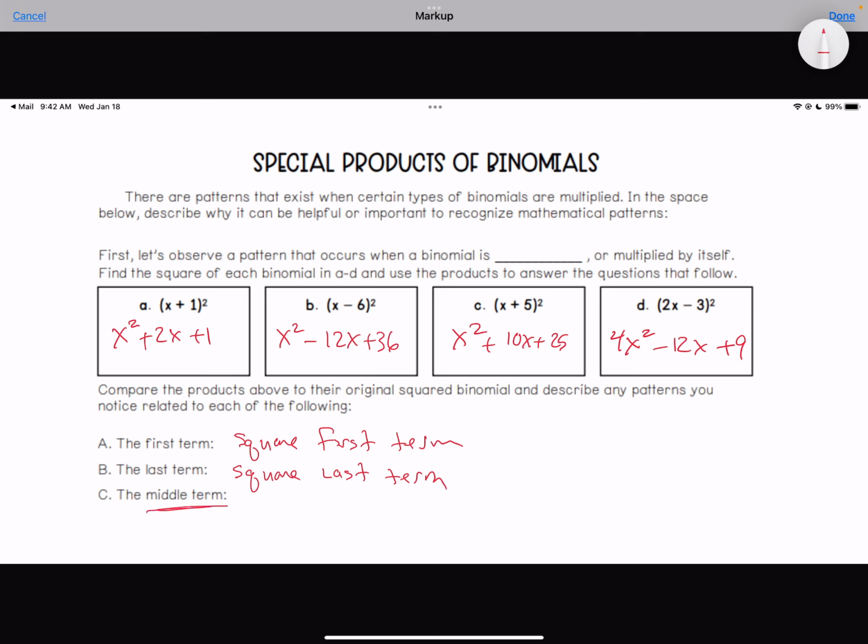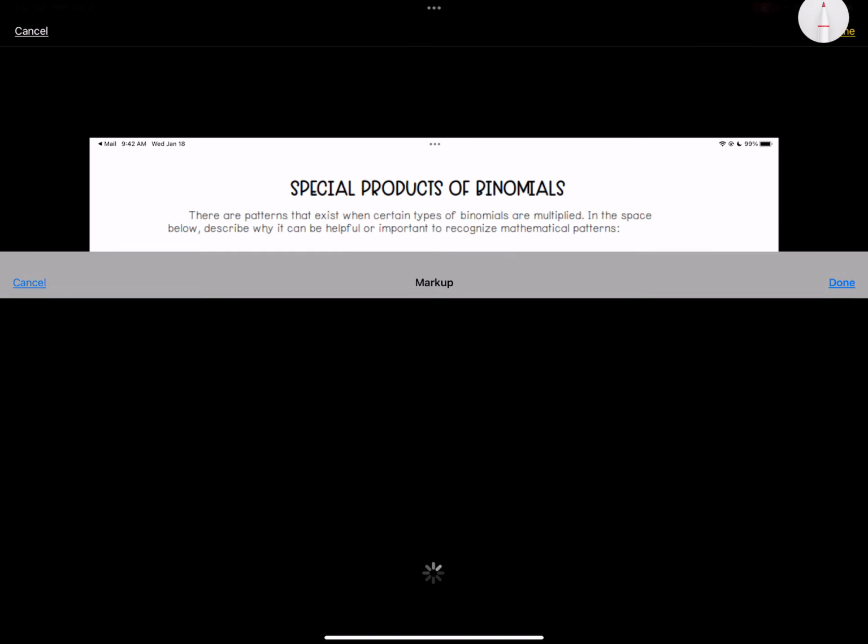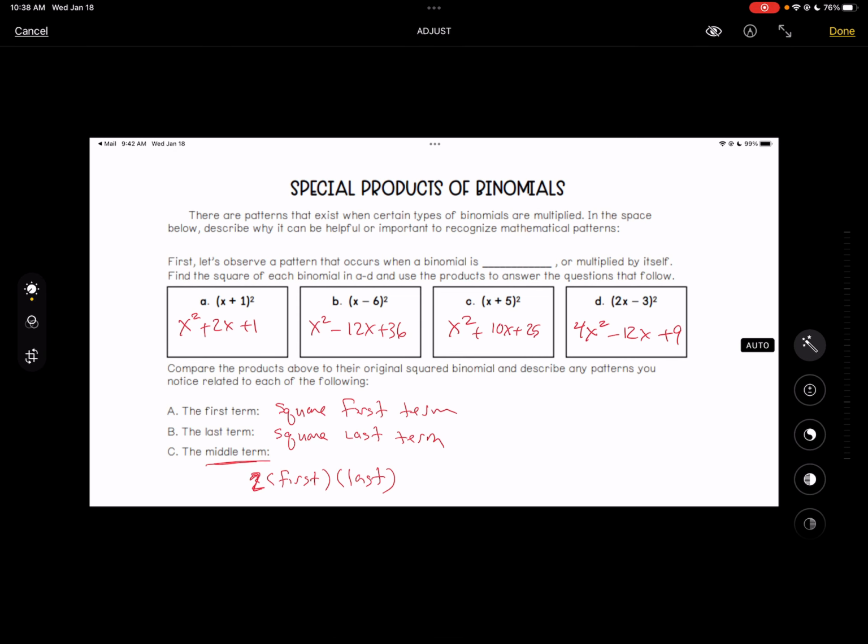The middle term is 2 times the first term times the last term. This is called, and you're going to see on the next slide, perfect square binomials. And the nice thing about this is it is on your formula chart.